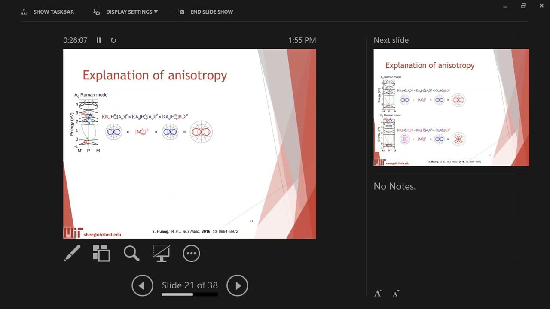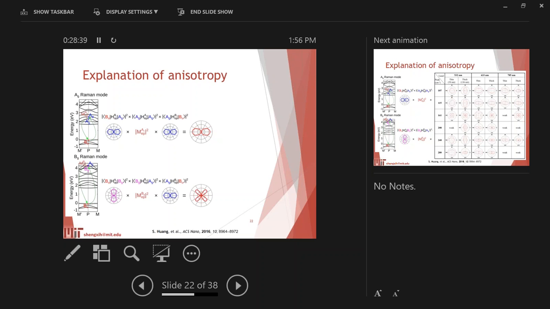The product of these three terms gives us an x-polarized Ag mode Raman anisotropy. So actually, if this electron-photon interaction is towards 90 degrees, we should have the Ag Raman modes towards 90 degrees. But no matter what polarization it has, the observation is it has a period of 180 degrees, as you can see here.